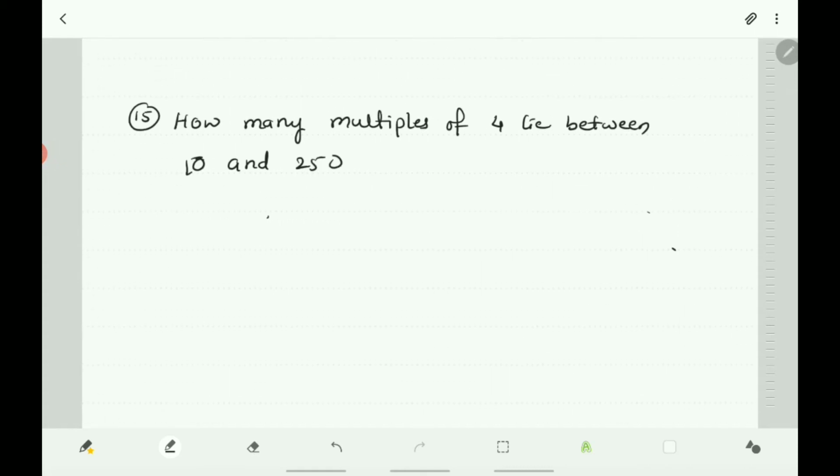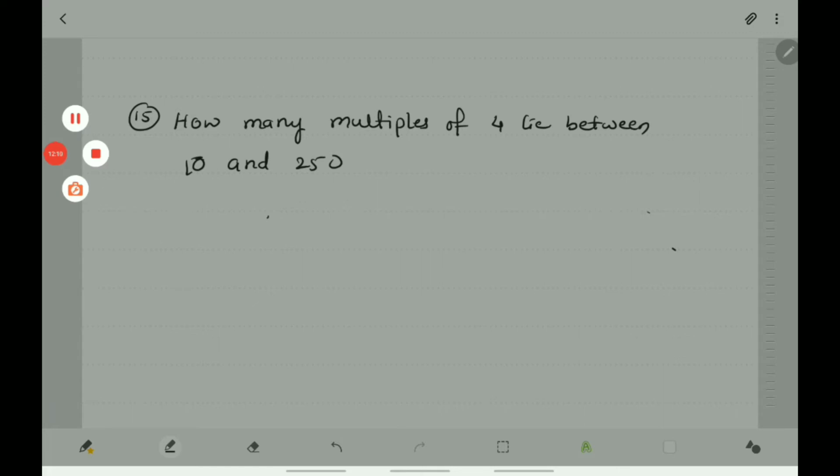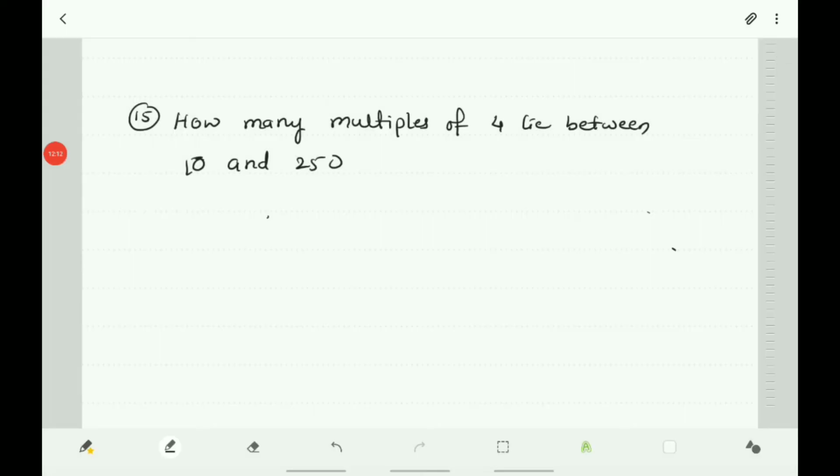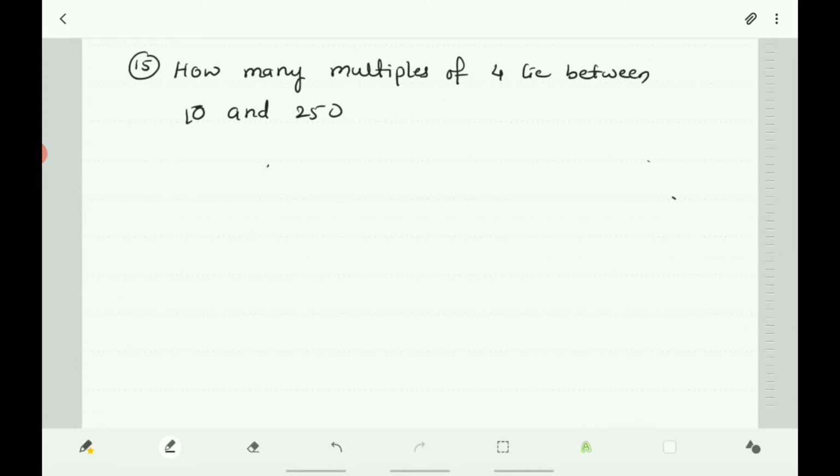So 15th question. How many multiples of 4 lie between 10 and 250? Here the numbers must be the multiples of 4 and they must be between 10 and 250. The first number after 10 which is divisible by 4 is 12.